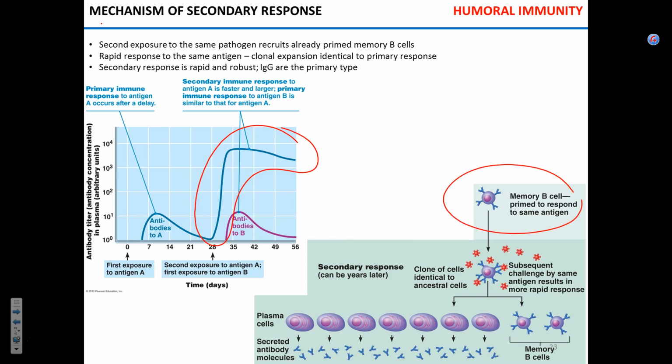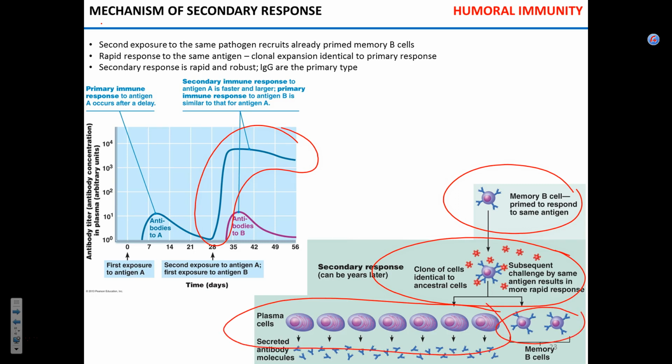Here you see a memory B cell that is already primed for differentiation and proliferation when exposed to the antigen, produces a lot more plasma cells and a lot more memory B cells. Good?